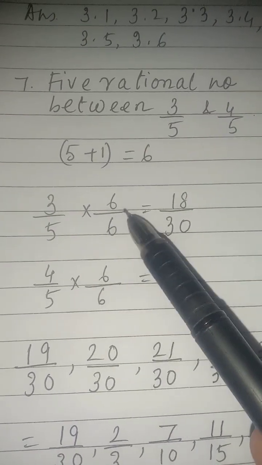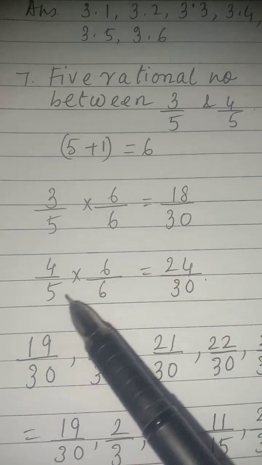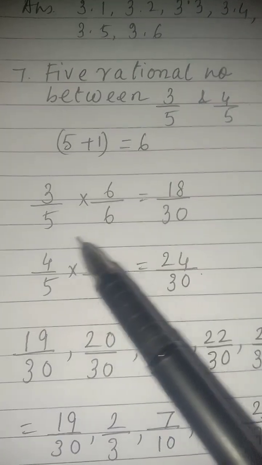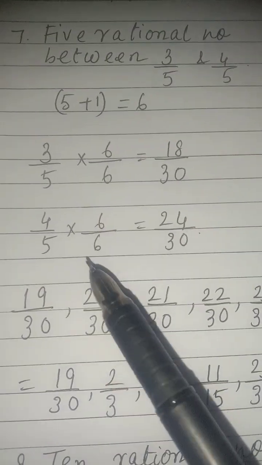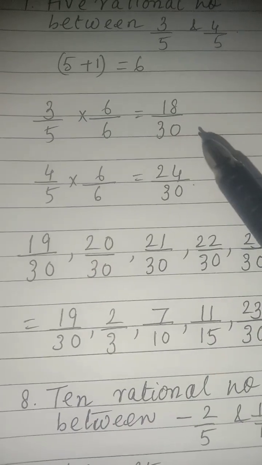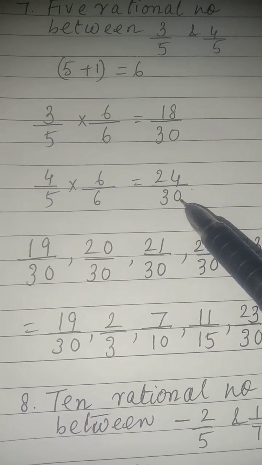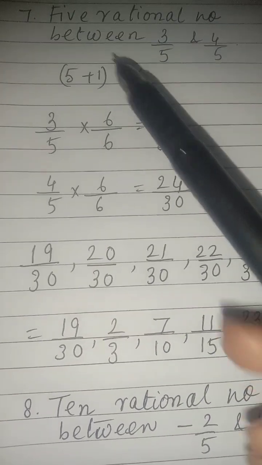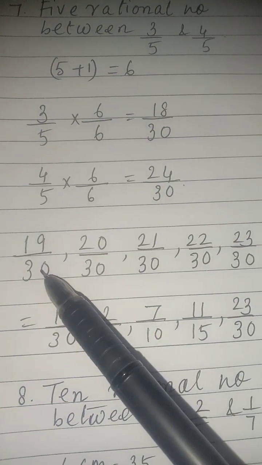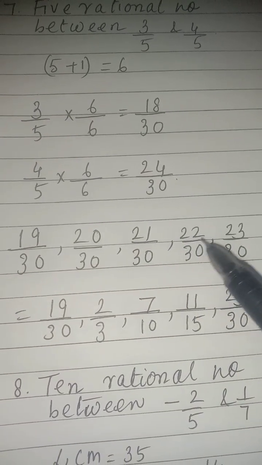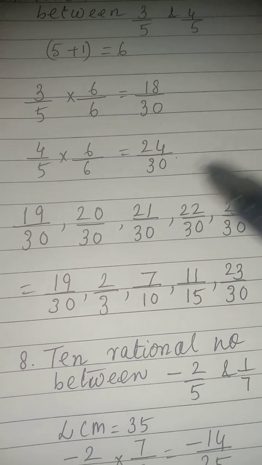So 3 by 5 into 6 by 6 and 4 by 5 into 6 by 6. 3 sixes are 18, 5 sixes are 30, and 4 sixes are 24, 5 sixes are 30. So in between 18 by 30 and 24 by 30, we can write all the 5 rational numbers asked: 19 by 30, 20 by 30, 21 by 30, 22 by 30, and 23 by 30.